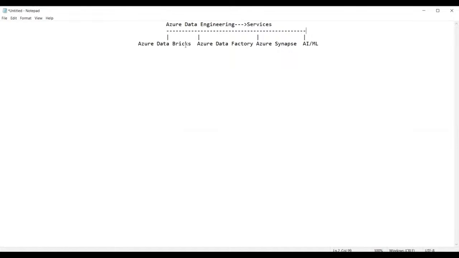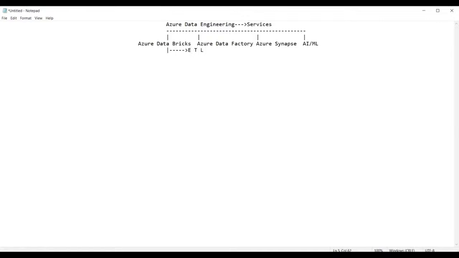So now, guys, what is Azure Databricks used for, and what is the purpose of it? This service called Azure Databricks is provided by Microsoft to perform the job of ETL. So what is this ETL?